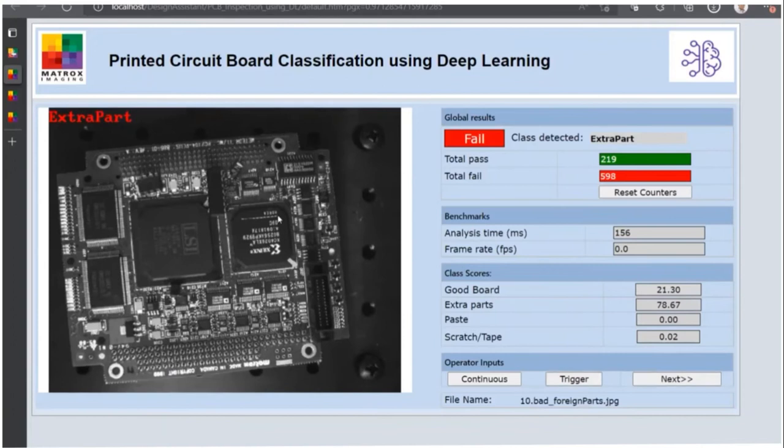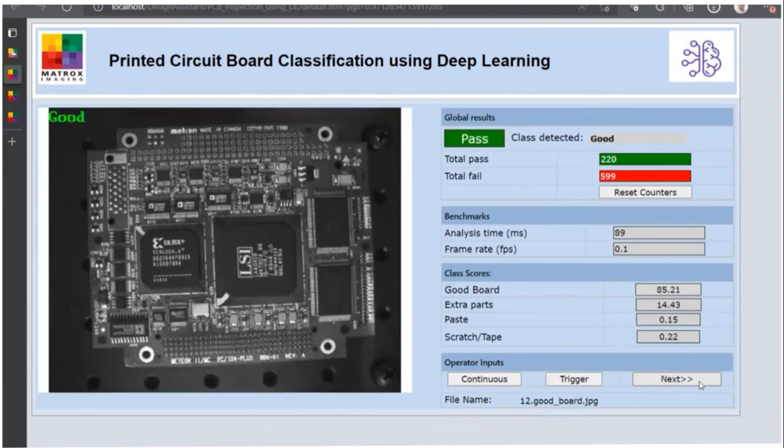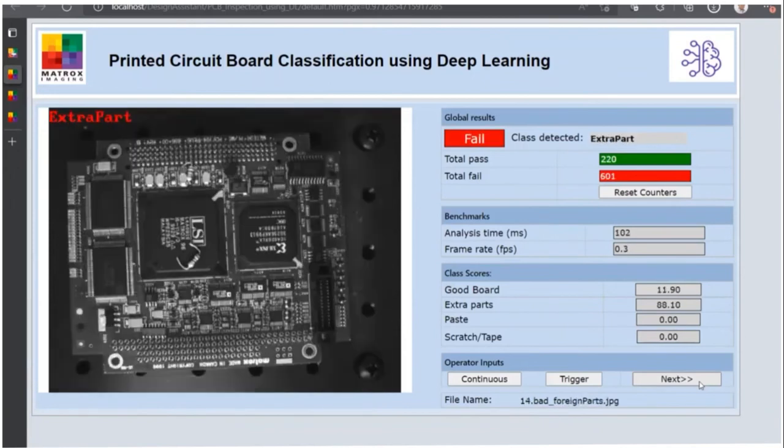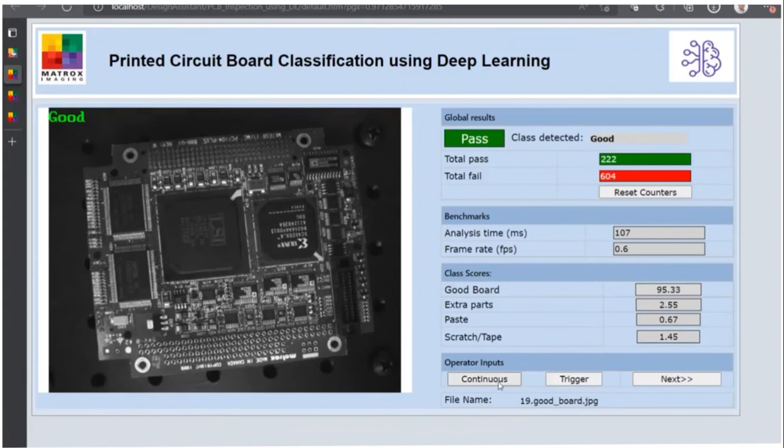Sometimes even for me, it's really difficult to see where these are, but we can actually see them over here. We have extra parts. This one, we have tape. You see over here, tape. This one is good. Again, more tape. This is an extra part. And this is actually being executed right now on my PC with images loaded.